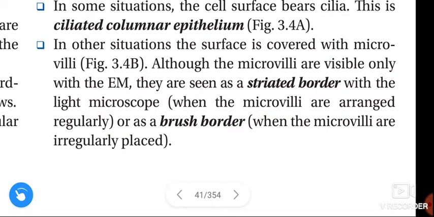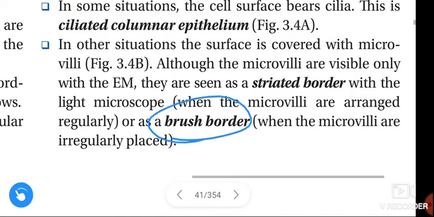When the microvilli are arranged irregularly, it appears as a brush border. Okay, see the figure.